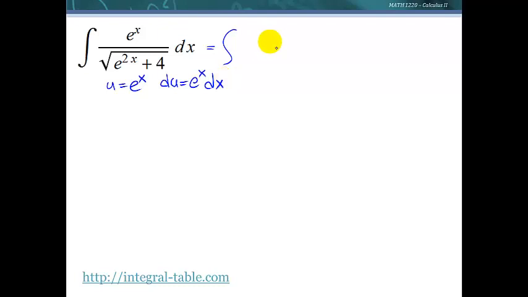So I can express this as a du over square root of, and this is e to the x squared, so that's going to be u squared plus 4. So by doing that, I can now use a table. I also could use trig substitution on this because I see that denominator and that's just crying out to me. I could draw a triangle and do trig sub, but we're working with the integral table.